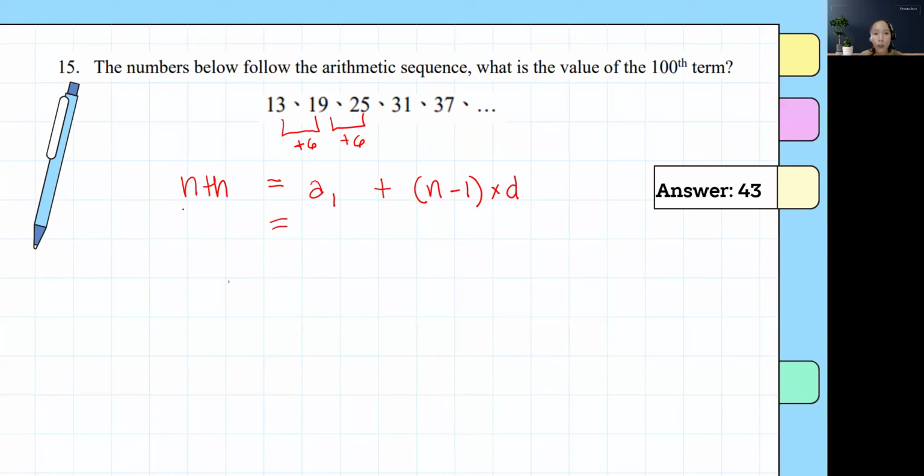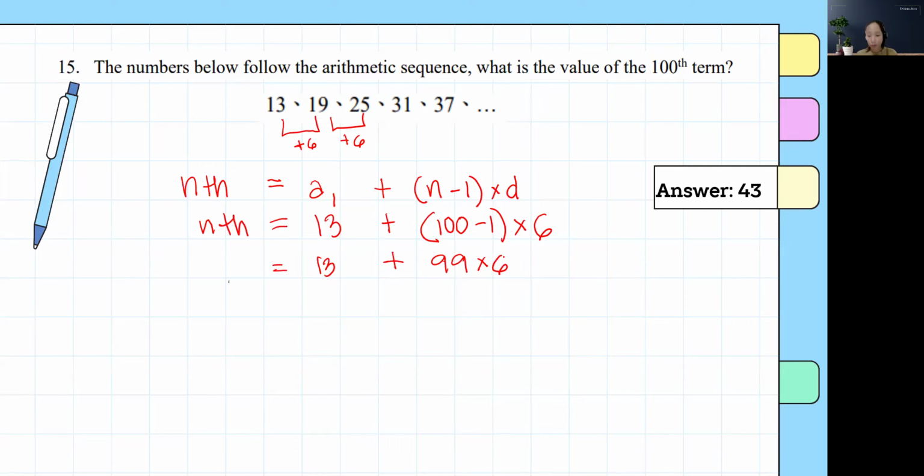So first term is 13 plus n. n is 100, right? 100 minus 1 times the difference. Again, the difference is 6. So we have 13 plus 100 minus 1, that's 99, times 6. So 99 times 6, let's calculate for that.